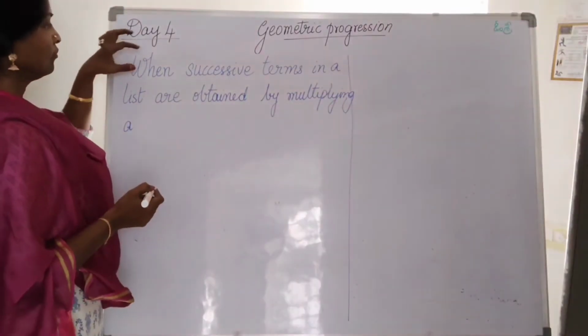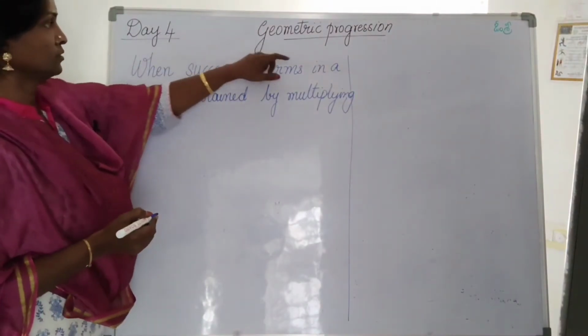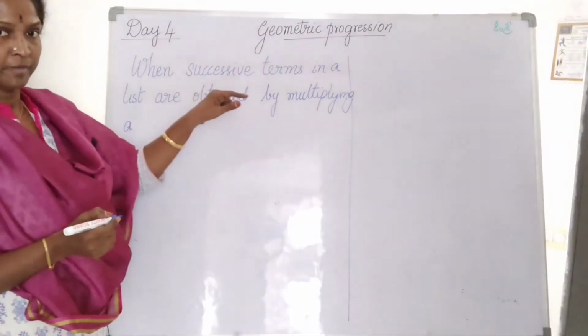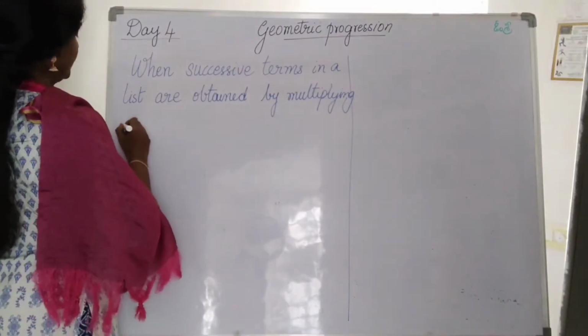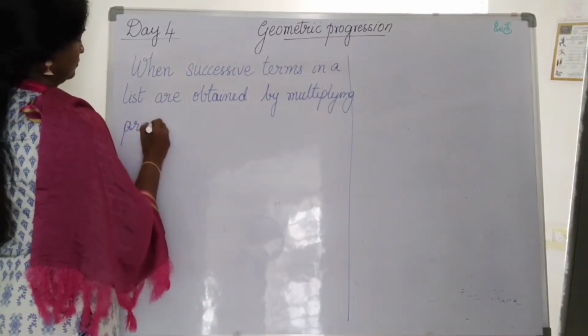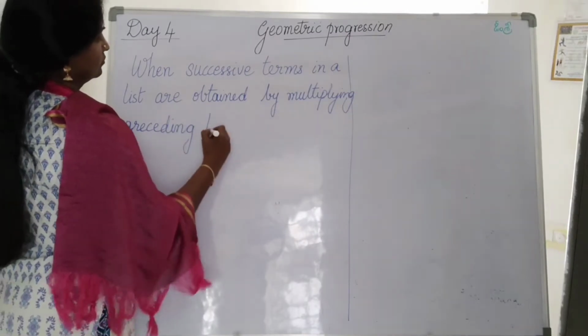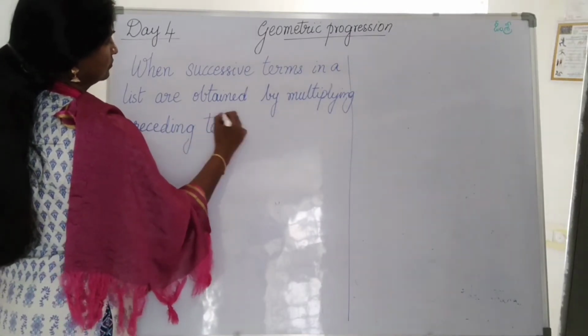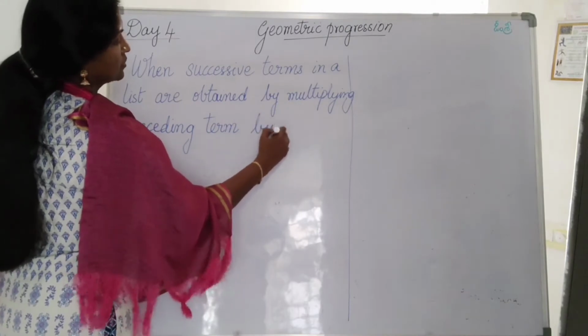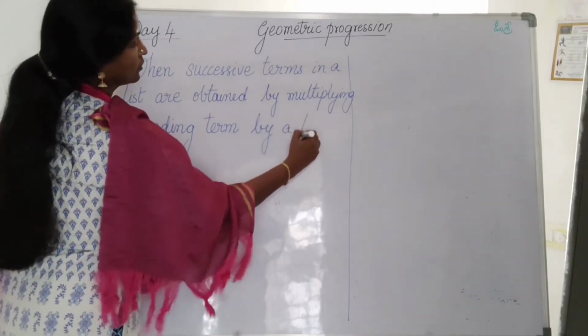What we are doing here is, when the successive terms in a list are obtained by multiplying preceding terms by a fixed number.